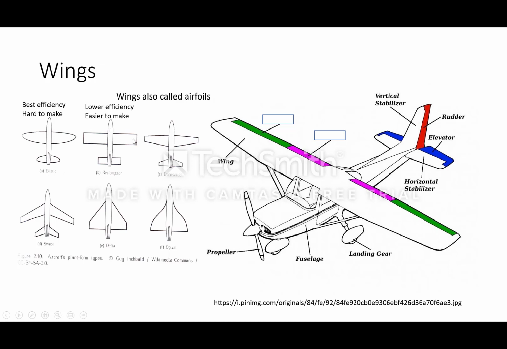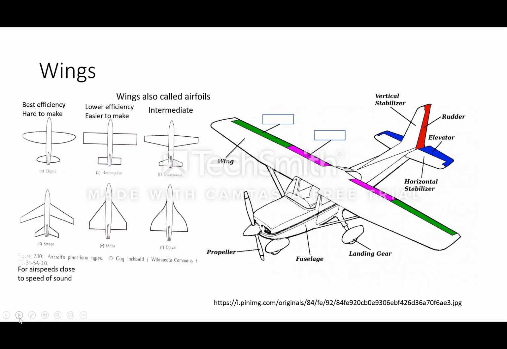The rectangular wings are really easy to make. I mean, it's a rectangle, but they have a much lower efficiency. So a happy medium is the trapezoidal wing. So it has a medium efficiency and a medium level of difficulty to manufacture.